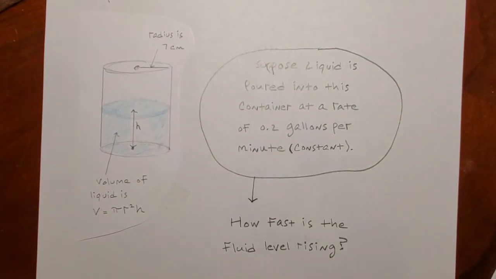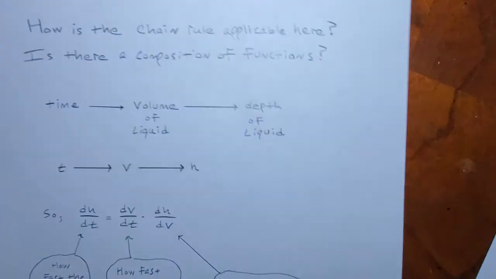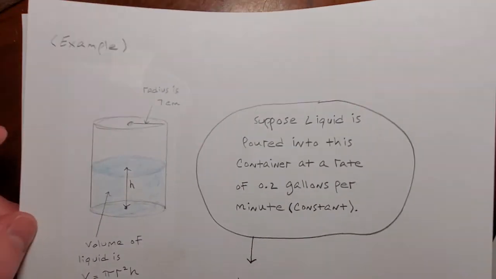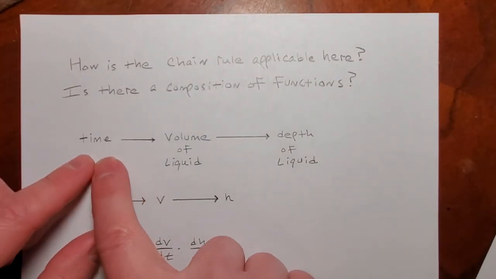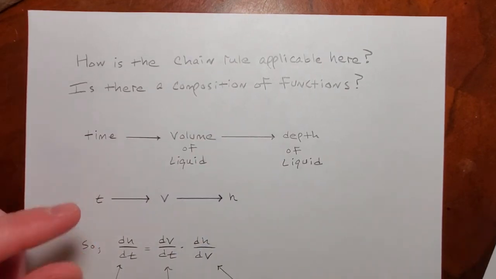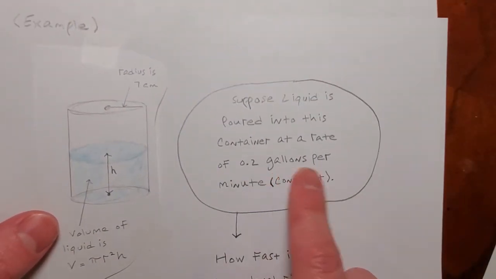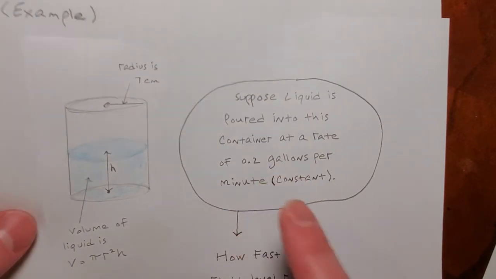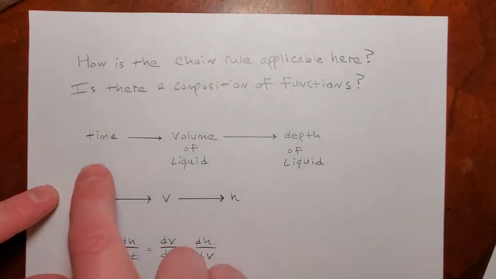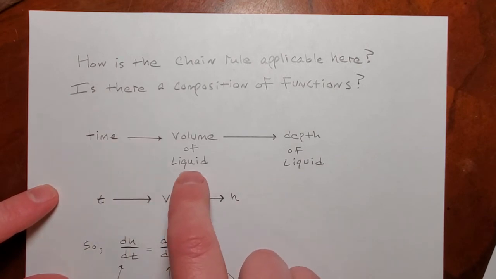Okay, so let that sink in. See if you can think of how the chain rule is applicable to it. Here's how I would think of it. If we were to fill up this container as described, then there's time, right? Because I told you we're pouring liquid in at 0.2 gallons per minute. So time is an aspect of this problem. Time determines how much volume is in the container.